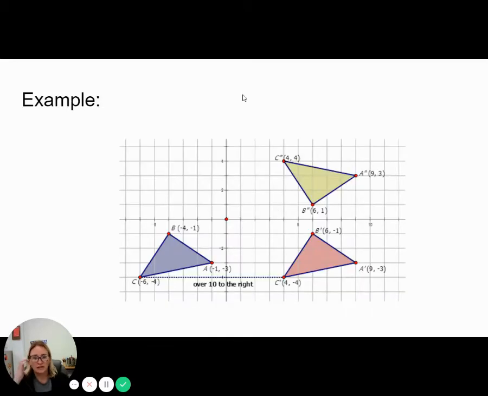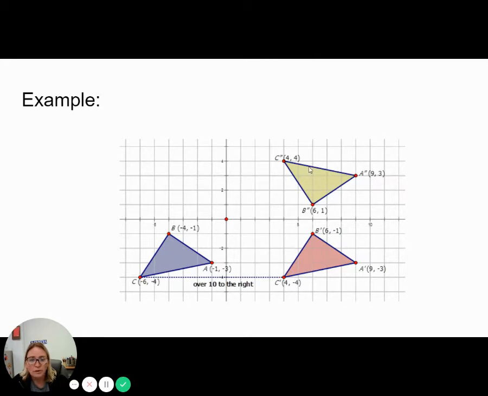Okay, here's another example of a sequence of transformations. You're starting here with triangle ABC. You know this is your pre-image because you'll notice that it's ABC and it doesn't have any primes. So this has been translated 10 units to the right. So here's our A'B'C'.